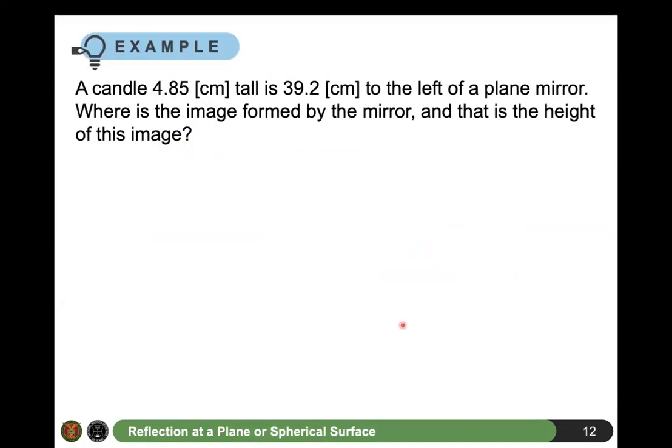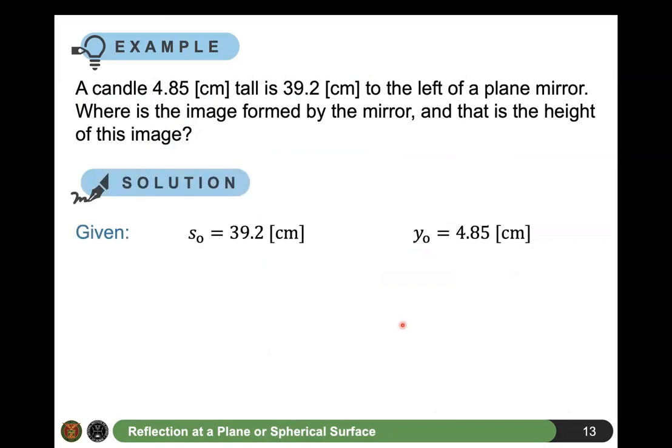For example, a candle with a height of 4.85 centimeters is situated left of a plane mirror. Where is the image formed and what is the height of this image? So, given is S naught is 39.2 and Y naught 4.85. Now, very important, bago nyo isulat yung given, identify nyo muna yung signs na gagamitin.